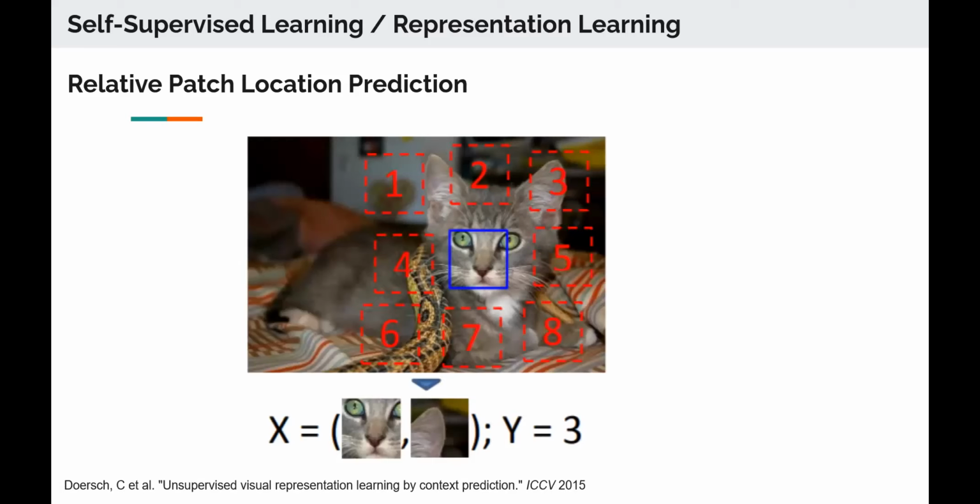Yet another type of self-supervision is this kind of prediction of relative patch location, meaning I will feed an image this time with 2 patches and ask the network to predict the location of this patch relative to this patch. So now, over the training periods, it has to understand that ears always go on the top right of the eyes or something like this.